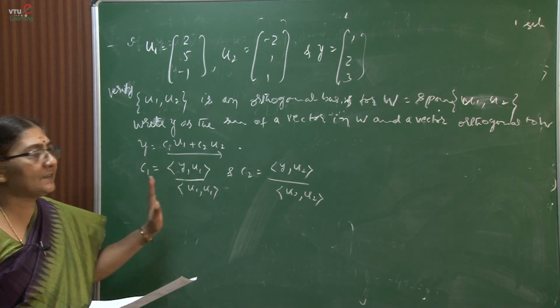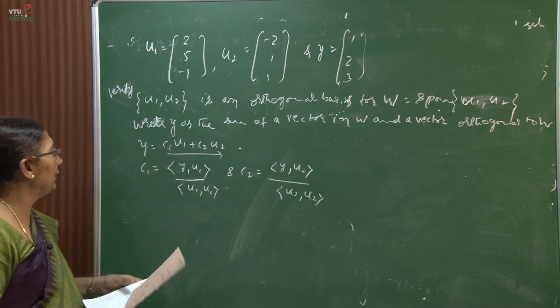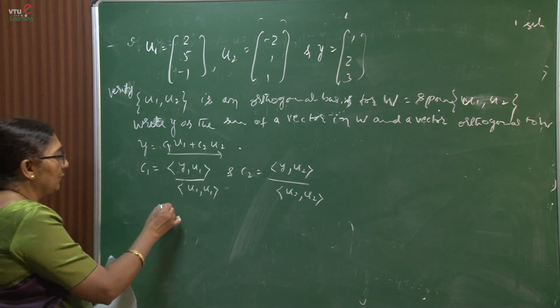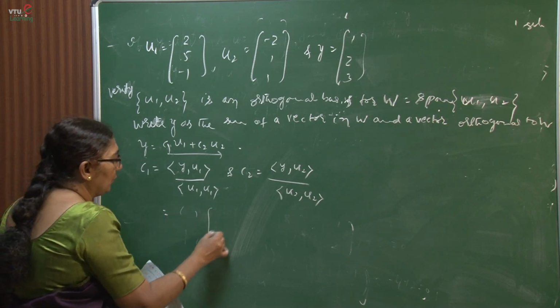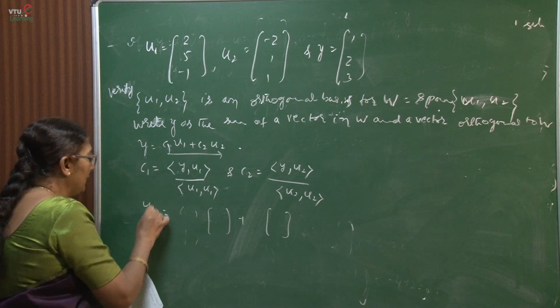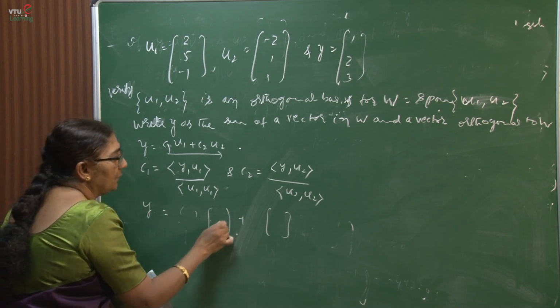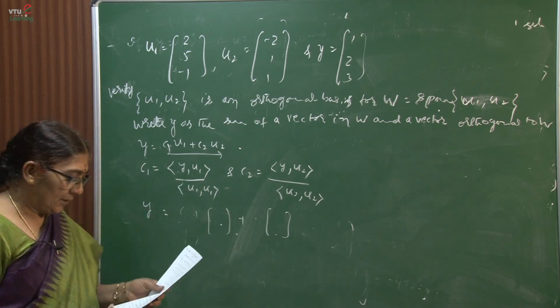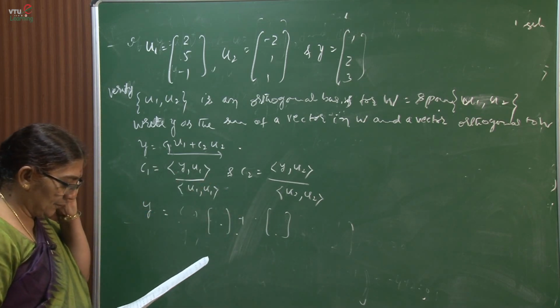Definitely we get C1, C2. For these values of C1, C2, now it is possible to express Y. Once we get C1, C2, substitute the value and also substitute U1, U2 value. Now we say that Y can be expressed in terms of U1, U2 based on C1, C2. Using this formula, I have to find out, because already I did such type of problem.